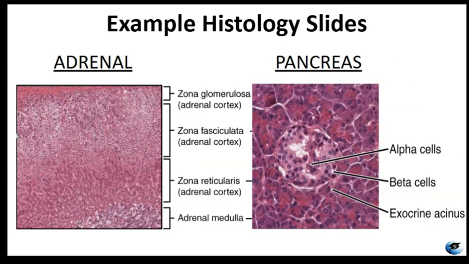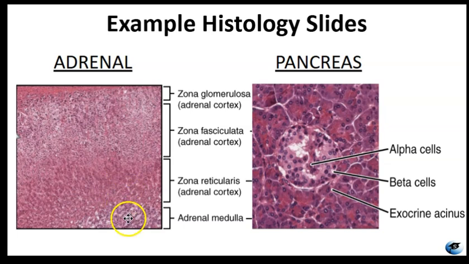In the adrenal gland, you can recognize the distinct layering of the cortex and the medulla down here. These three zones are the three zones of the cortex. The zona glomerulosa has round clusters of cells, and the zone beneath it, the fasciculata, has longer, paler staining cords, and then the reticularis is even darker and more irregular.